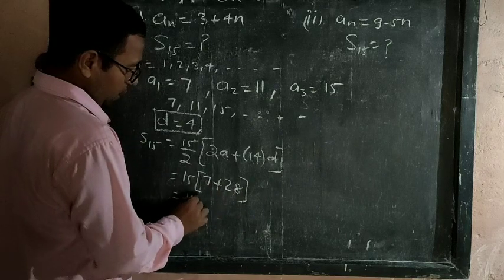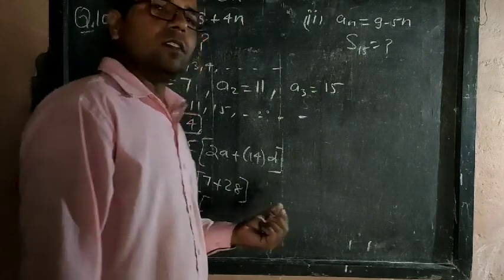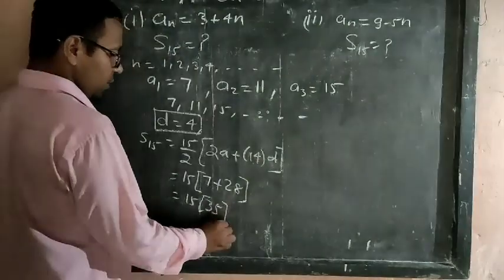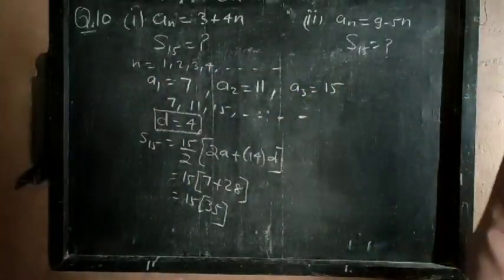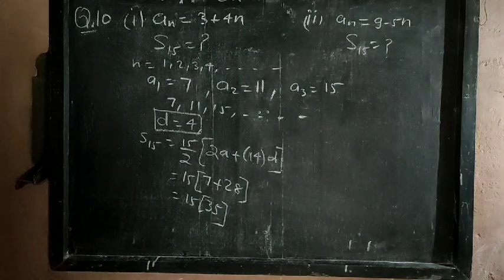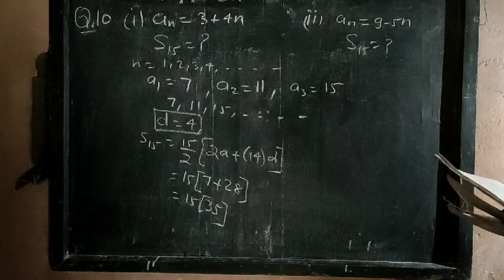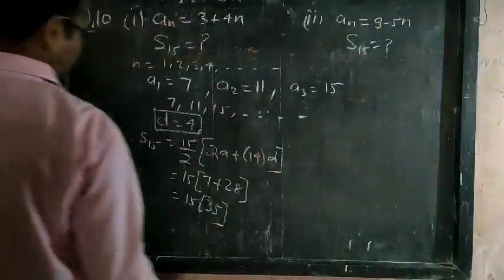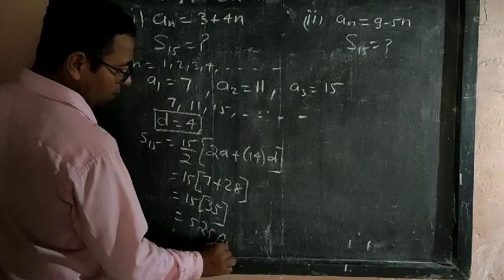So how much will you get here? 15 into 28 plus 7, how much? 35. Just 35 into 15. We have to do the multiplication, then we will get the answer. So 35 into 15 we will get 525. So this much is our answer.